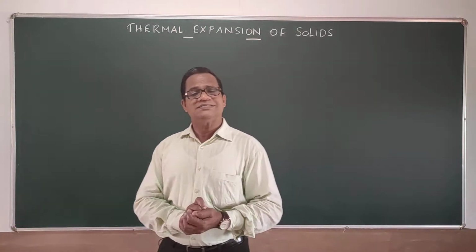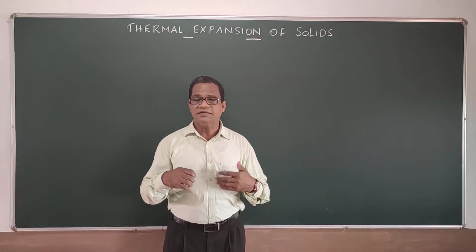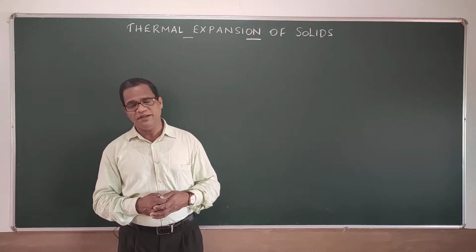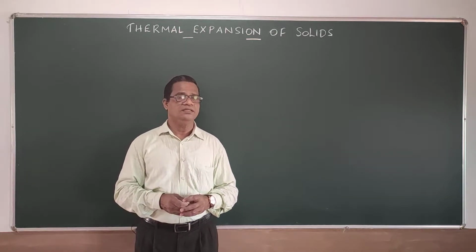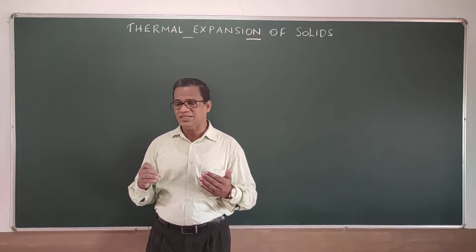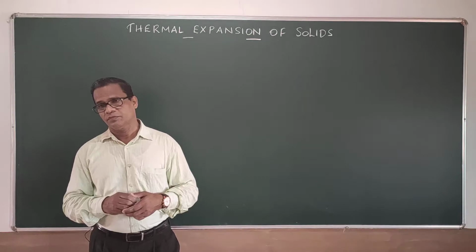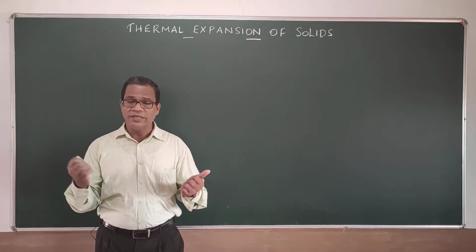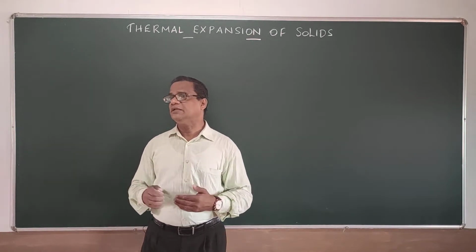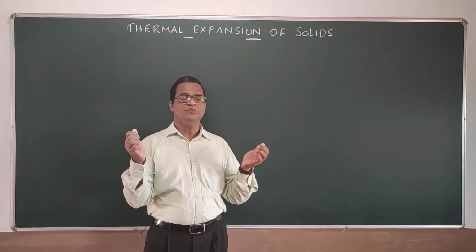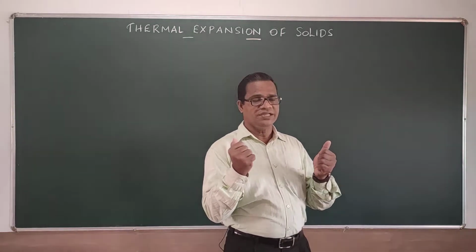If the size of the solid increases by absorbing heat, then we say there is thermal expansion. And by cooling, reducing the heat energy, the material is found to show a reduction in its size.